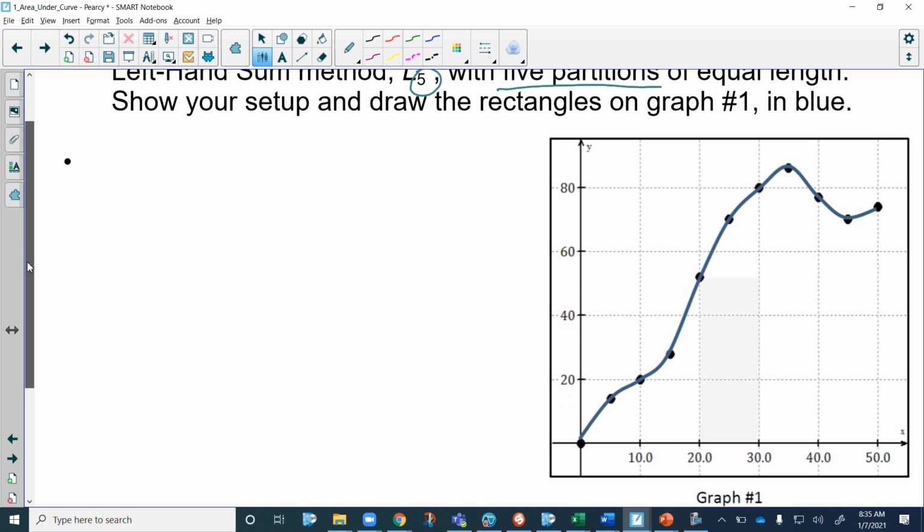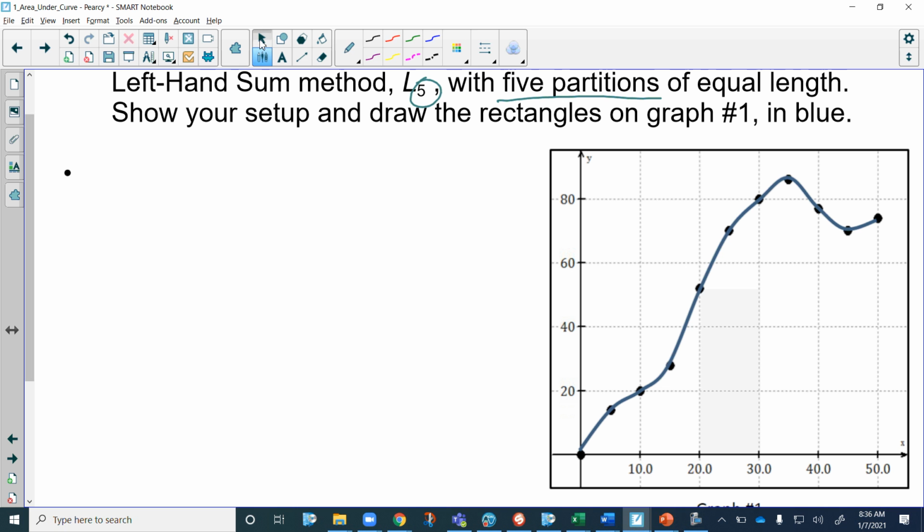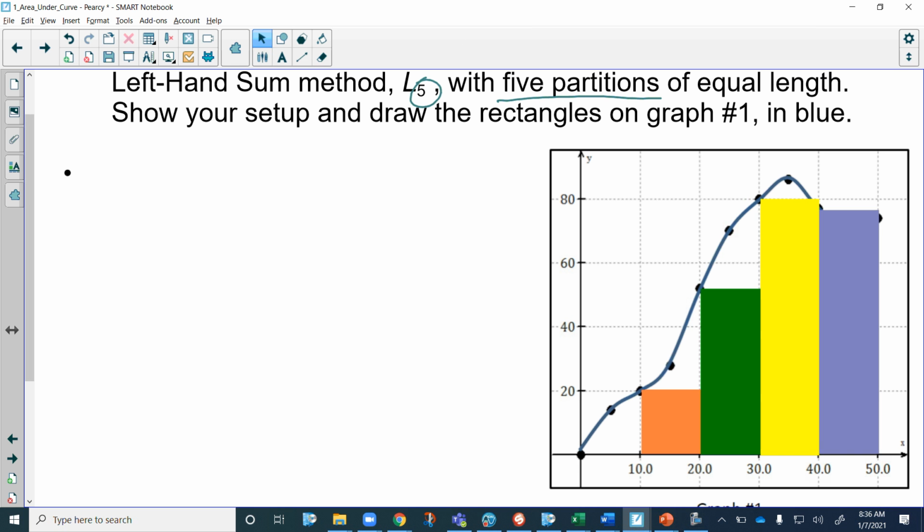So I'm presuming that you have tried working out the problem yourself. Here are my rectangles for the left-hand rule. Of course, with the very beginning rectangle, because it's at the origin, the height of the rectangle is going to be 0, so that's why we don't have a rectangle there.